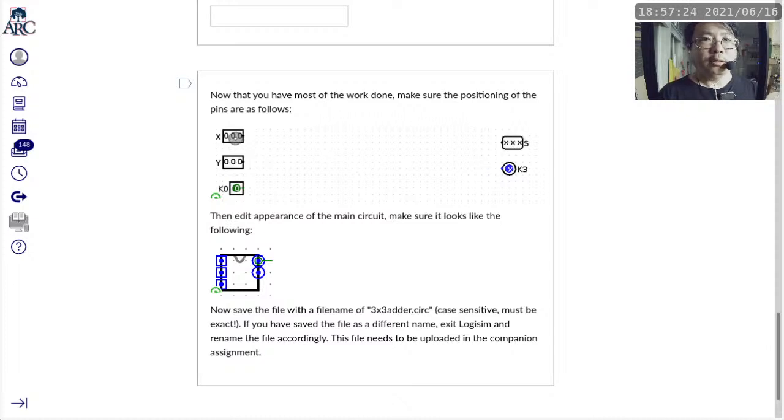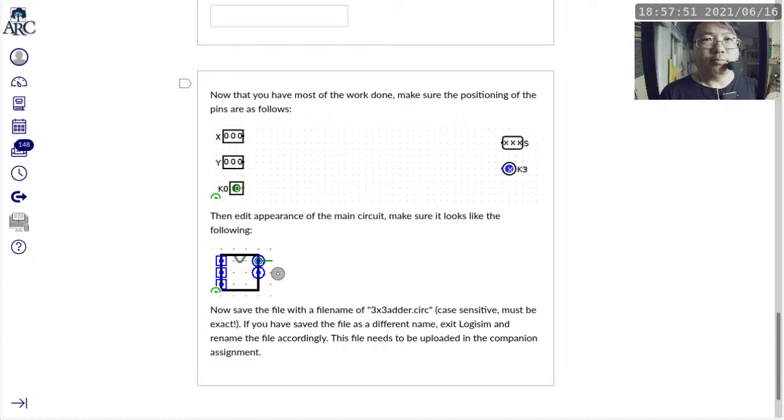X should be on top of y, y should be on top of k0, sum should be on top of k3, and you can also check the circuit appearance to make sure you have the pins at the right positions, because otherwise your circuit is not going to be, quote unquote, pluggable into the test driver circuit, and then the output of the test driver is going to be all wrong.